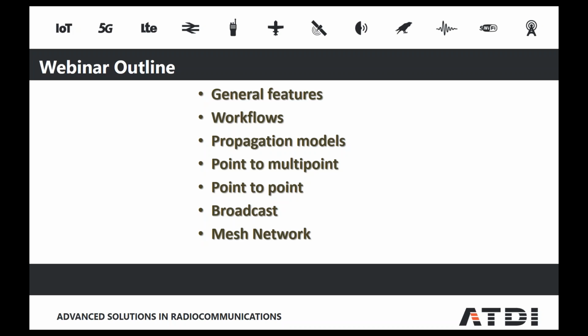And then the last part, I'm just going to focus on four little areas of technologies in terms of planning types. So I've got some point and multi-point features that I'll introduce, also some changes with the point-to-point functionality, a little bit on broadcast, and then just finally on mesh networks. So hopefully between those there should be something for everybody.